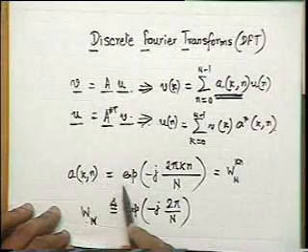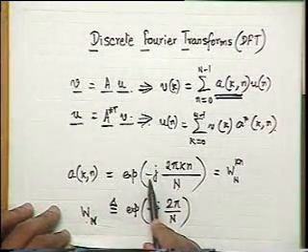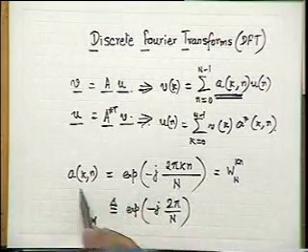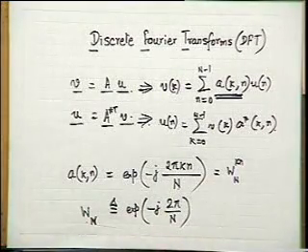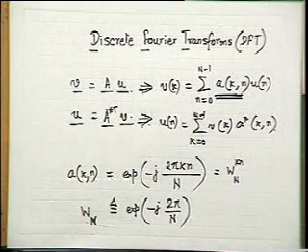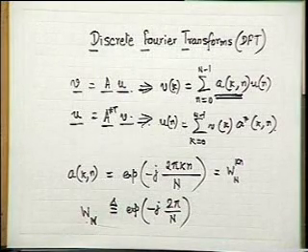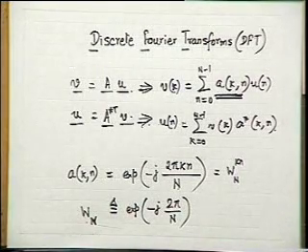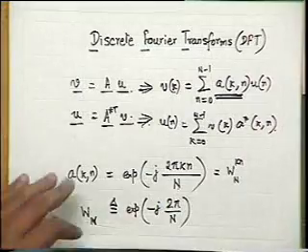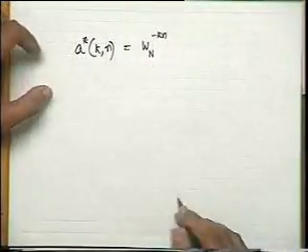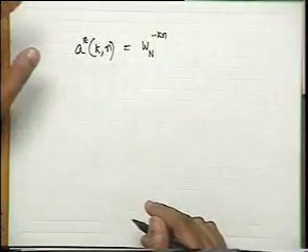I have defined a kn to be exponential to the power minus j 2 pi kn by N. So if I take a star of kn, all that I have to do is exponential to the power plus j 2 pi kn by N, which results in w to the base N to the power minus kn. So by writing in these terms, I can now write the transformation pair.